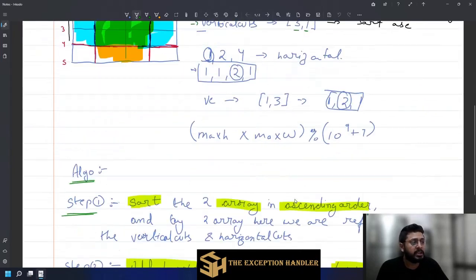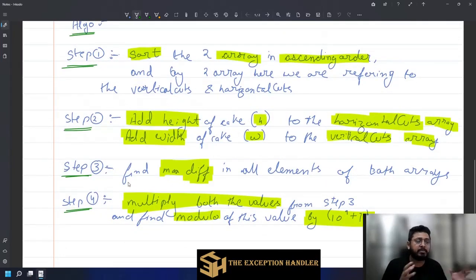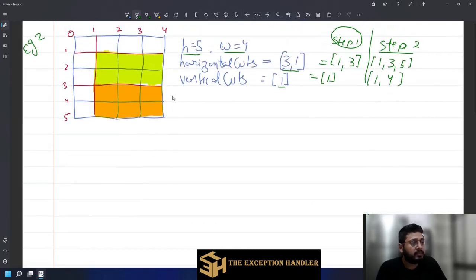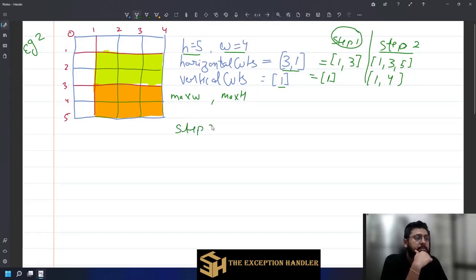If you remember, the third step states that find the maximum difference in all the elements in both the arrays. So now I'll create two variables. One is max width, and then max height.